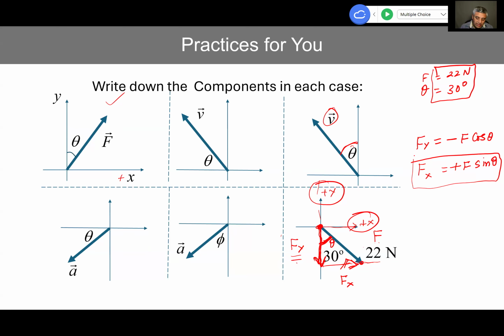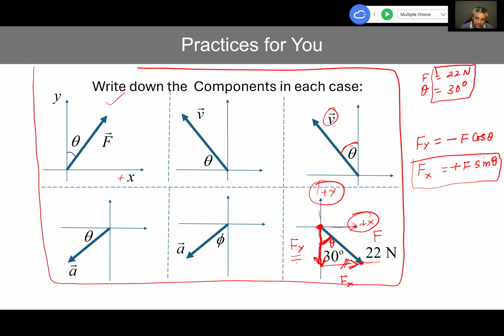This slide is posted inside the class slide folder on Canvas, in the Files tab. You want to practice them and learn them, be fluent. Can you write the components within 30 seconds? That's how fluent you have to be.